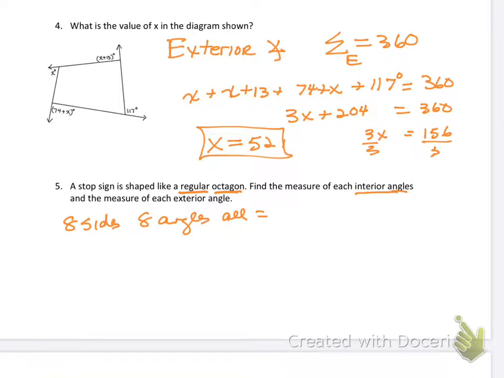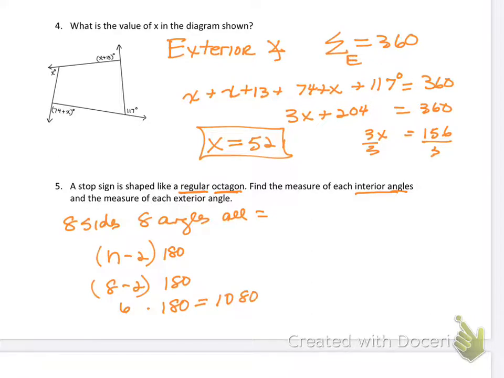If it's 8-sided, I can get the total number of degrees inside by this formula: 8 minus 2 times 180, and that's going to be 6 times 180, which will equal 1080.